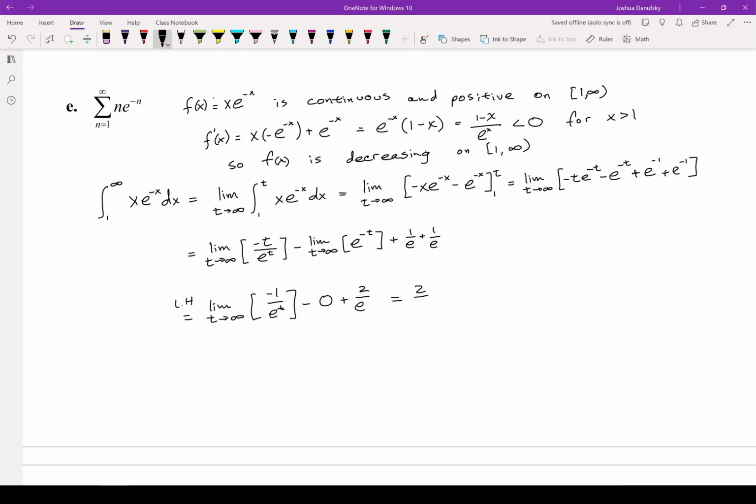So we just have 2 over e. In other words, our improper integral converges. Therefore, the series also converges by the integral test.